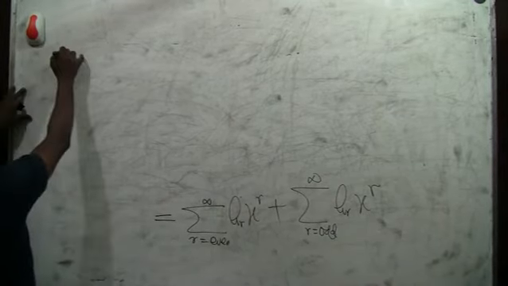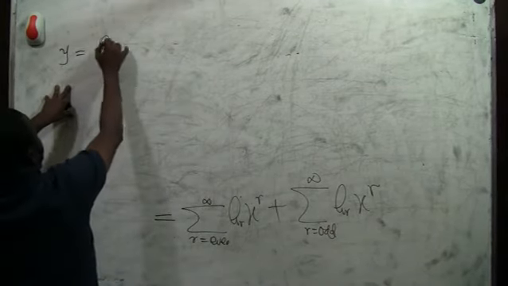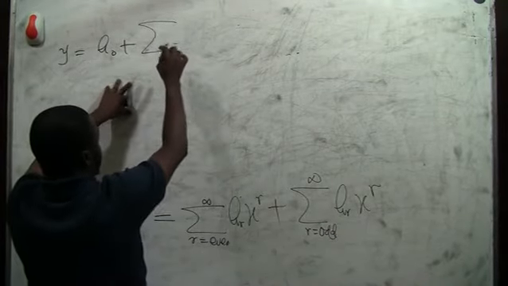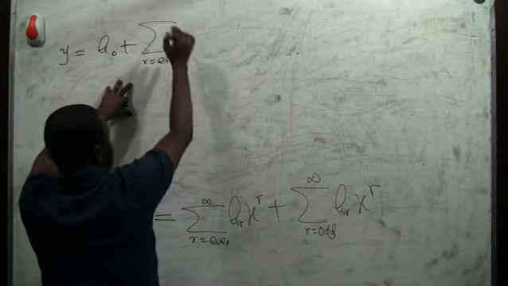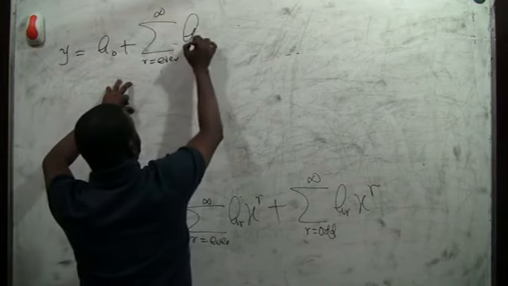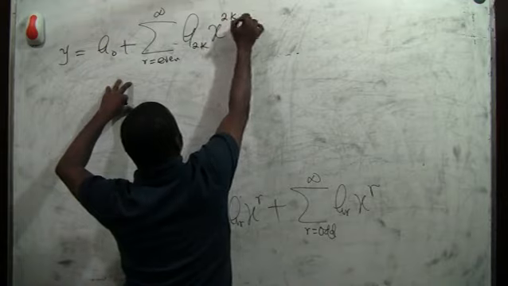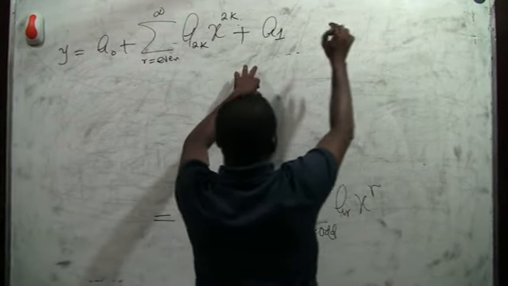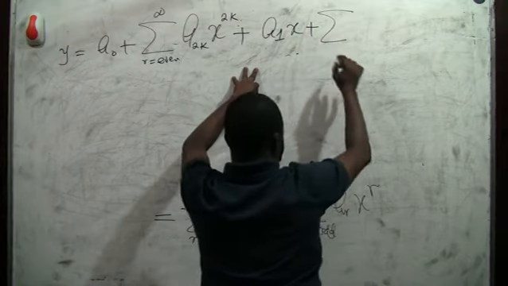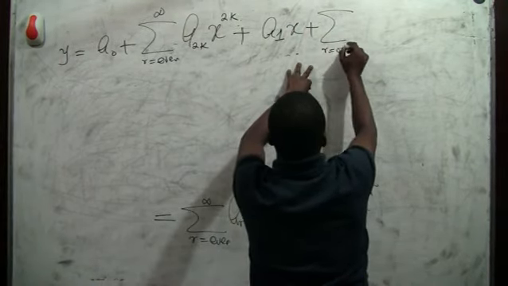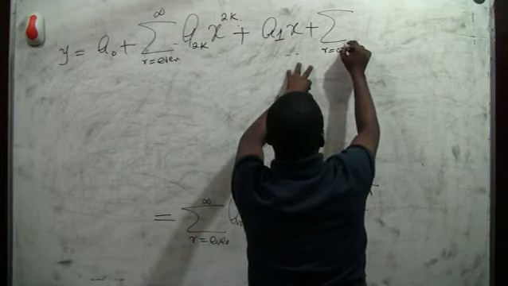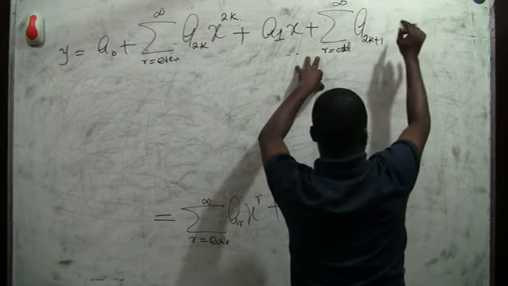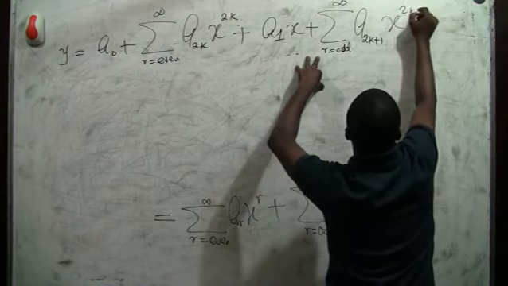For the even, we are going to have it as a naught plus summation r even to infinity a sub 2k x to the power 2k, because that's the generalization term, plus a1, which is an arbitrary x, plus summation r equals odd to infinity a sub 2k plus 1 x raised to power 2k plus 1.